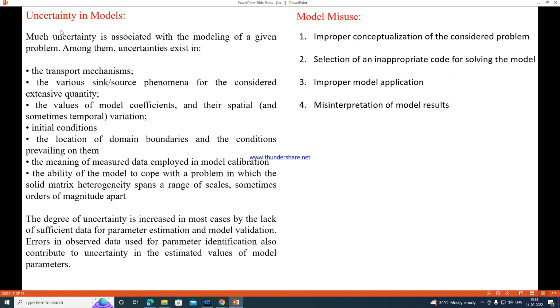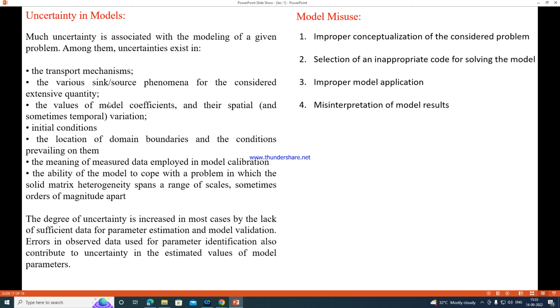So where do we get the uncertainty in the model? The most uncertainty comes from the conceptual model. If you provide good boundary conditions and a good conceptual model, only then will your groundwater flow model be good. But there might be a lot of uncertainty due to the recharge and the sink.